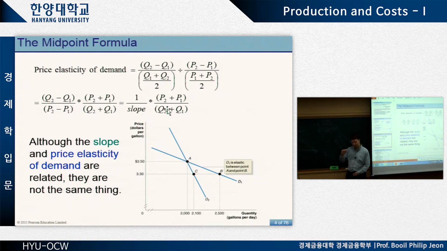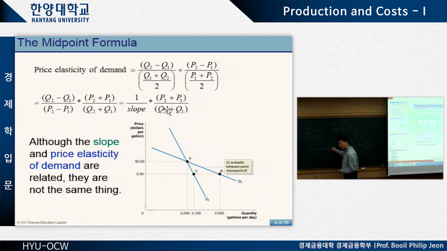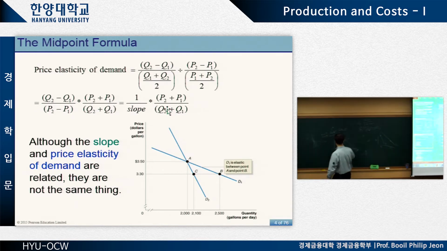If you calculate point elasticity, you will get exactly 0. But since we are talking about arc elasticity, a very minute change here, it's going to be very, very close to 0. What about here at the midpoint?